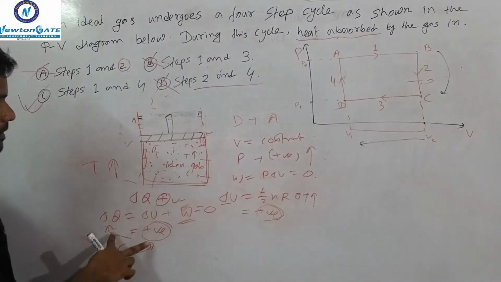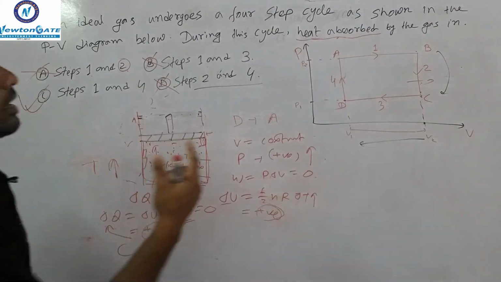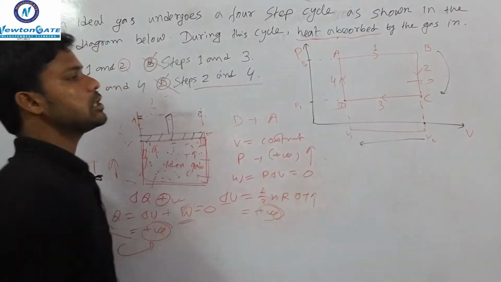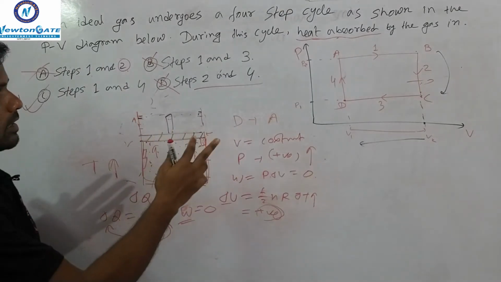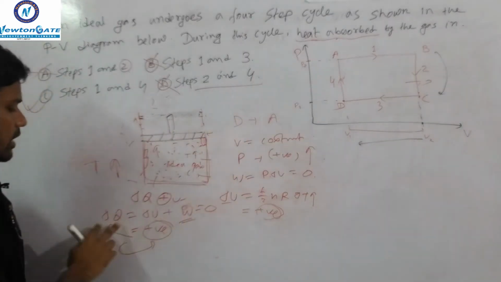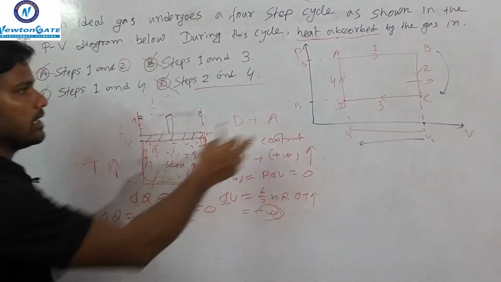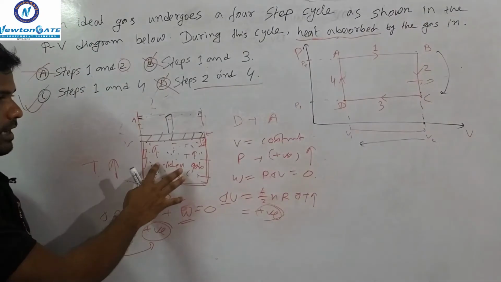Okay, so our conclusion is, from this process D2A, volume constant, pressure rises, that's why the gas absorbs heat to increase the pressure, right?